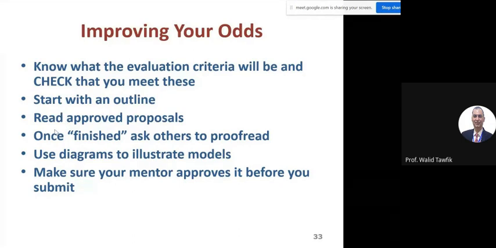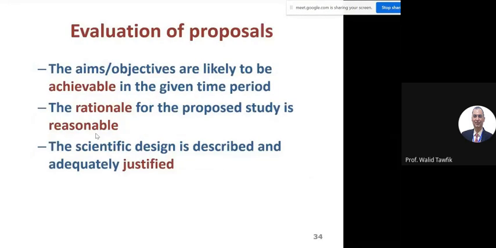If you are going to write a paper, you have to read about 20 or 30 approved papers to know what is the style and what is the grammatical structure of each section of the paper or proposal, and how you express your ideas so that you can gain experience.